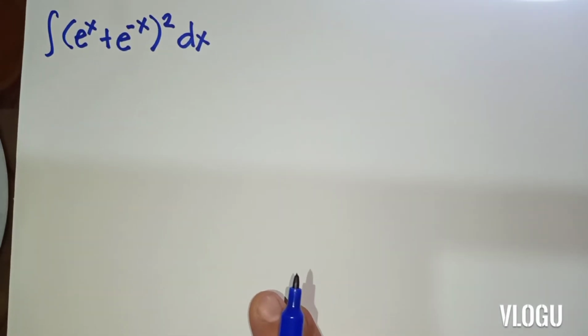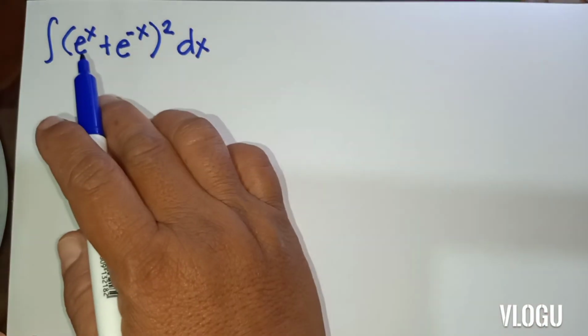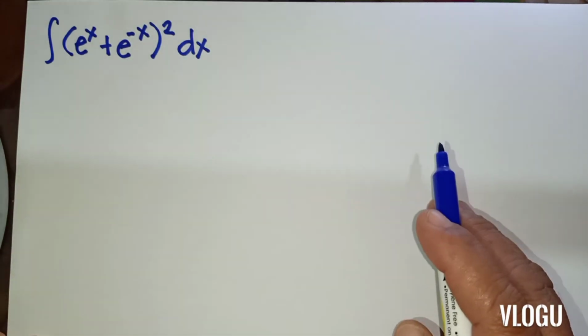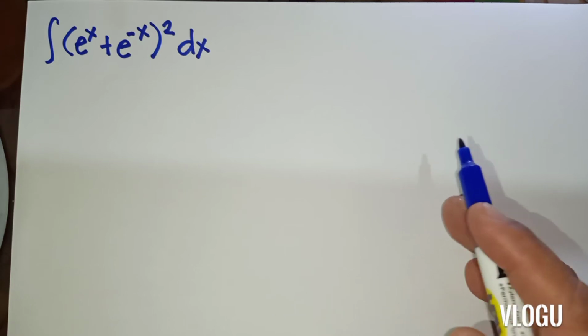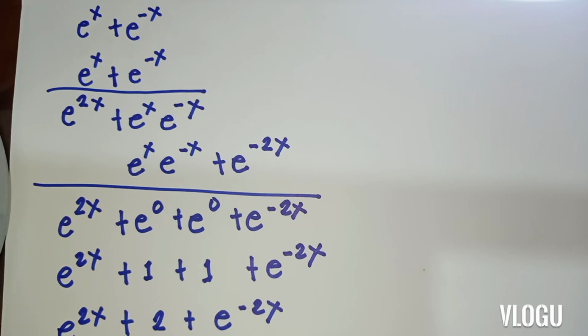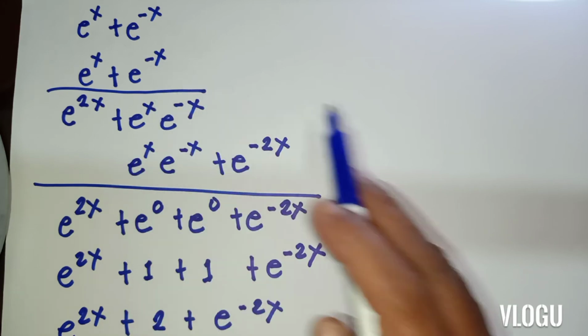We have our next example, the integral of (e^x plus e^(-x)) squared dx. Because that is (e^x plus e^(-x)) squared, we are going to expand. So we have here the solution in expansion. You are going to multiply (e^x plus e^(-x)) times (e^x plus e^(-x)).